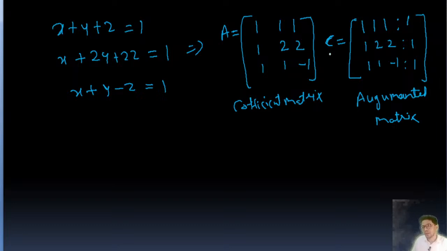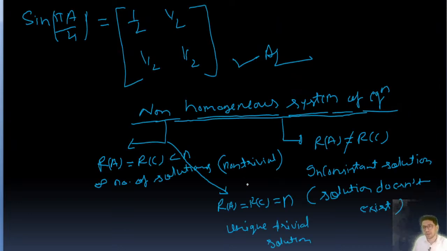So this is the matrix C. Rank of matrix C means the augmented matrix we are talking about. Rank of A means this coefficient matrix we are talking about here, okay.